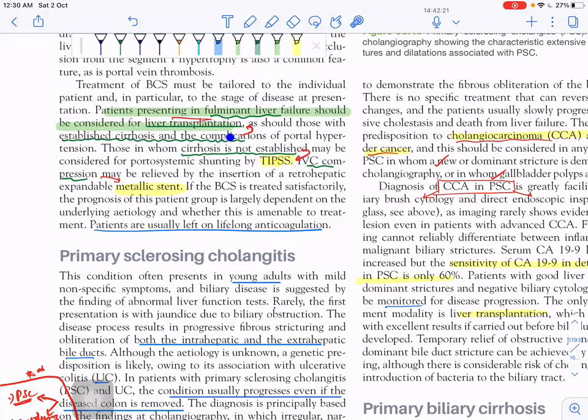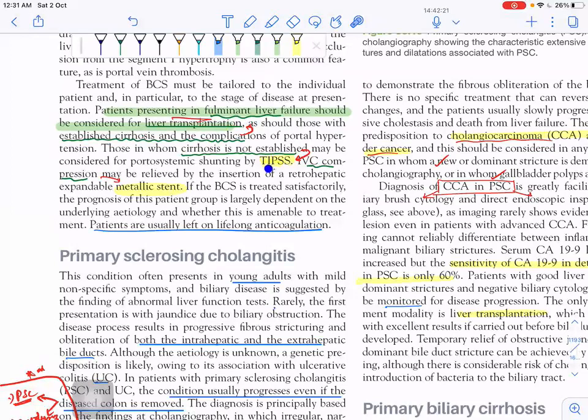So when cirrhosis is established with complications of portal hypertension and the patient suddenly presents with fulminant liver failure, you have to go for liver transplantation. That is the first MCQ. When cirrhosis is not established, then you go for TIPS.